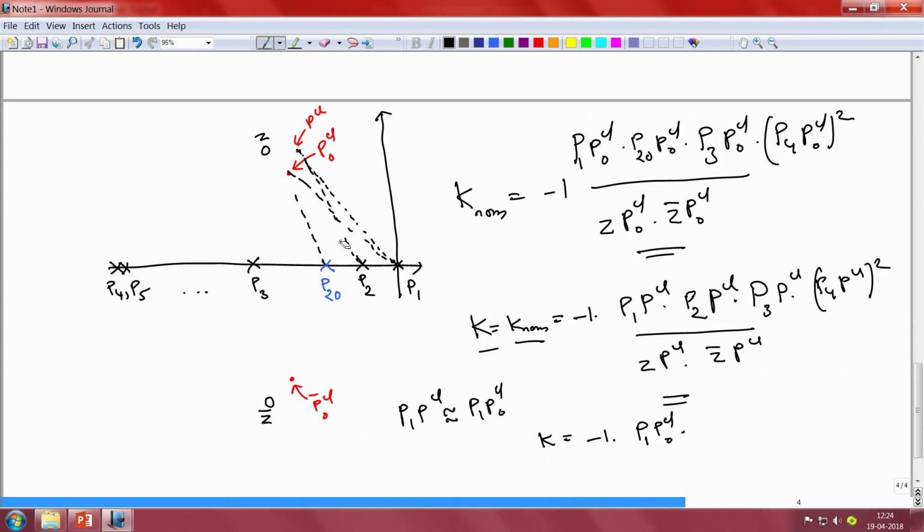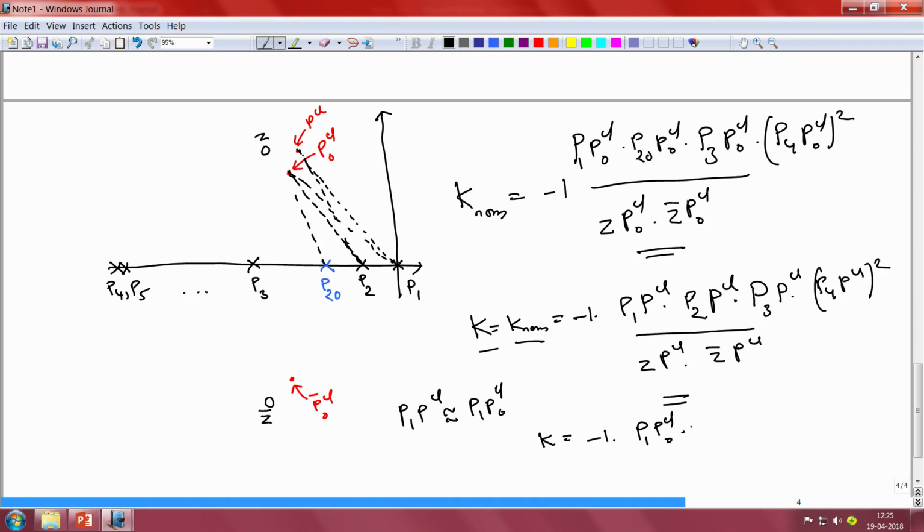If you notice once again, the complex number P2 PCL is approximately equal in magnitude as well as orientation to the complex number P2 PCL naught, and that is because the points PCL and PCL naught are very close to one another, just 0.04 units away, whereas the distance of the point P2 from both these complex numbers is quite large, on the order of unity.